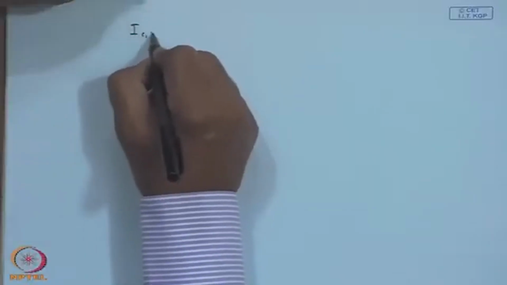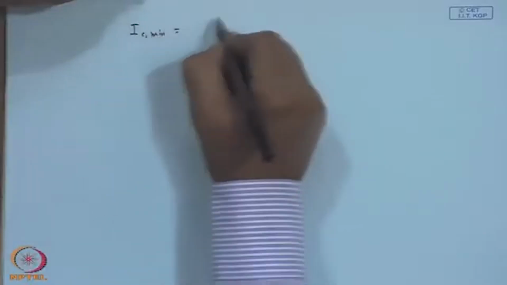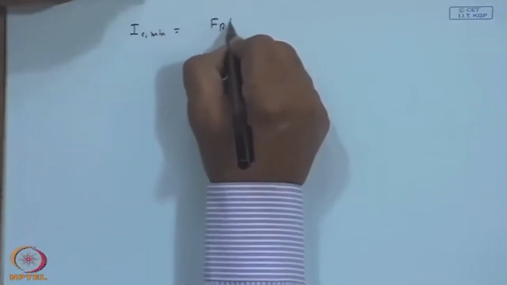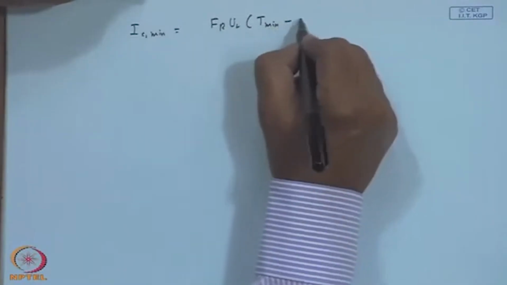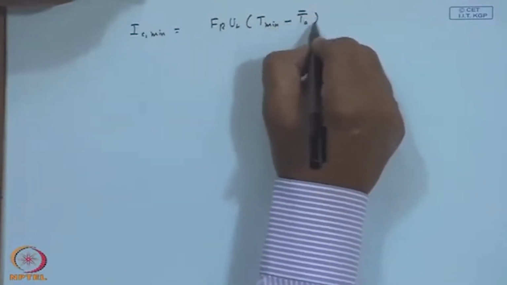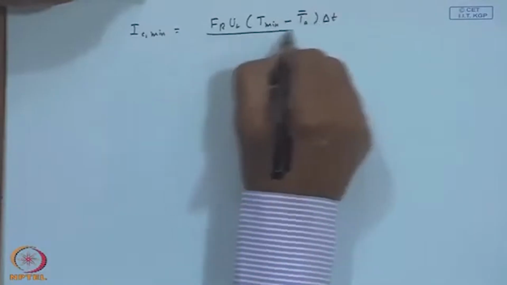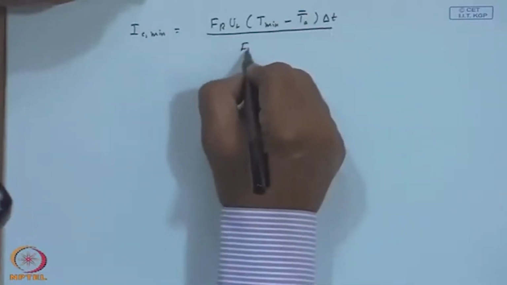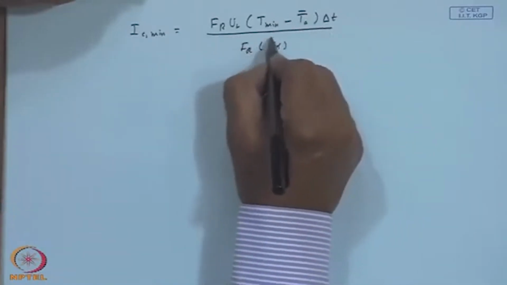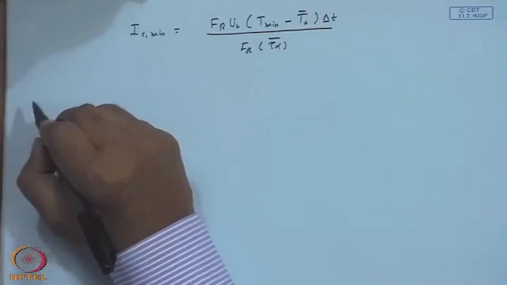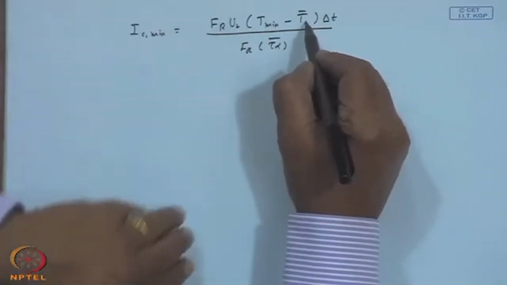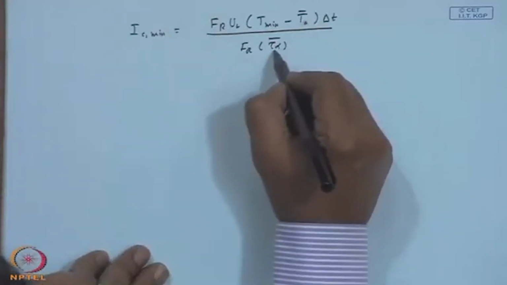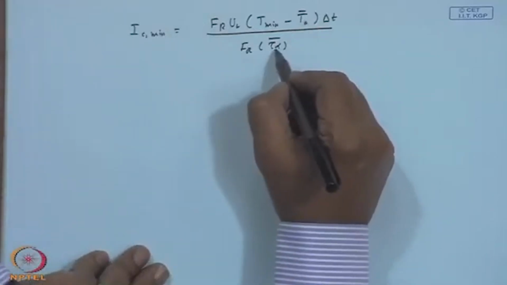And I c minimum will correspond to F r U L into the minimum temperature at which my energy delivery is desired times delta t, upon F r tau alpha bar, because I have already extended to the monthly average, analogously taking the average temperature divided by the average transmittance absorption product over the month.